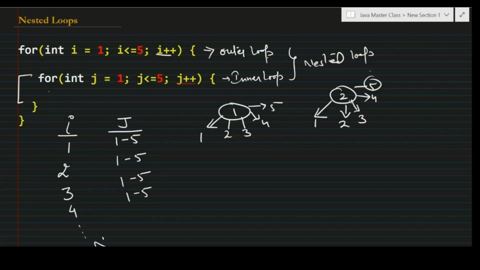Similarly, we will go up to n. Doesn't matter if in our case it's 5, it may go up to n. So I'll take n as an example, and similarly all the iterations of the inner loop will be executed, 1 to 5. What I mean is, when we are reaching up to 5, again we are executing all the values of the inner loop.